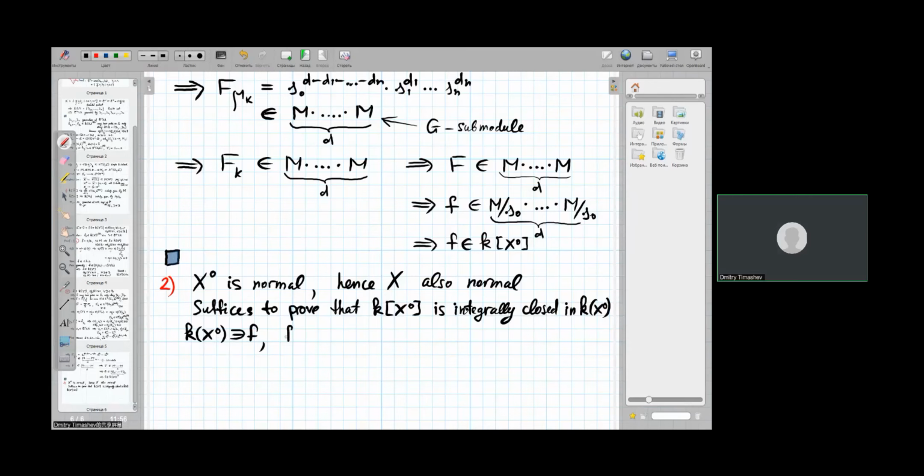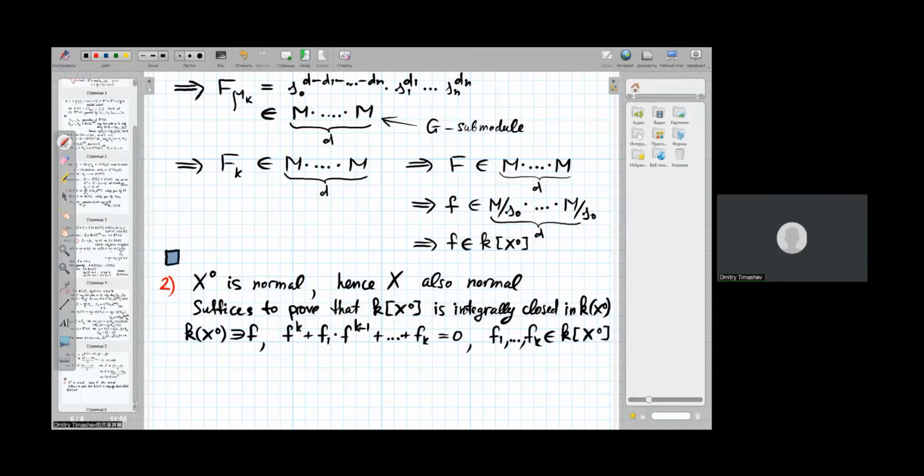So this means that f to some power k plus f1 times f to the power k minus 1 plus etc. plus fk equals 0, where f1, ..., fk are regular functions.